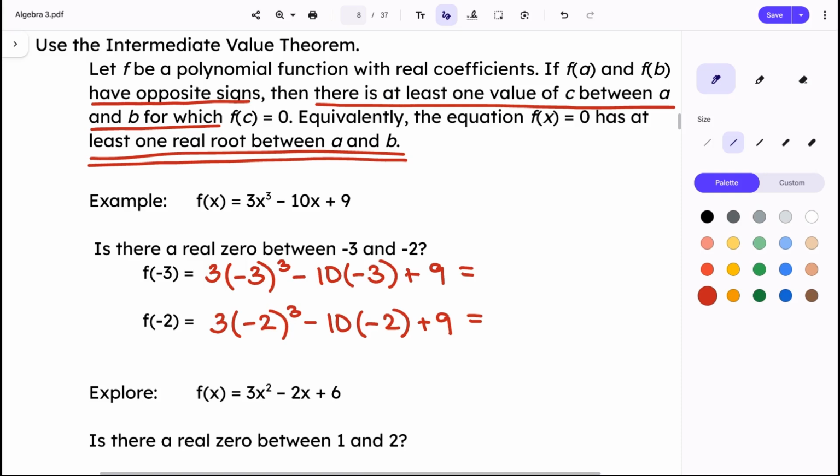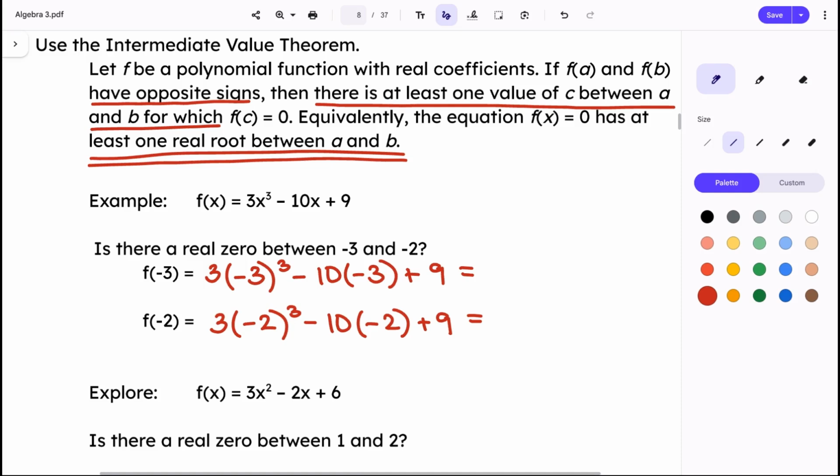Then I'm going to start it at -3 and have my table do all the calculating for me. Okay, and right there I can also see my -2 value as well.